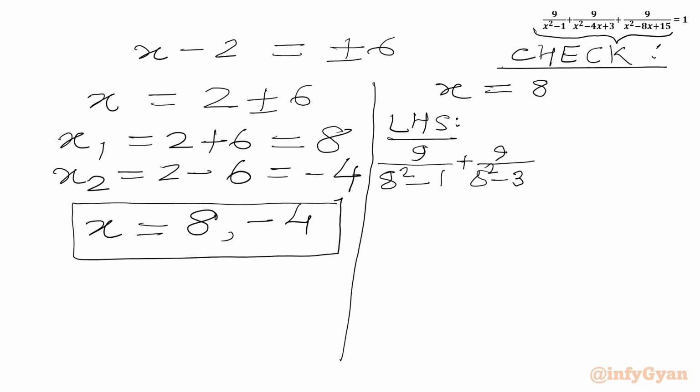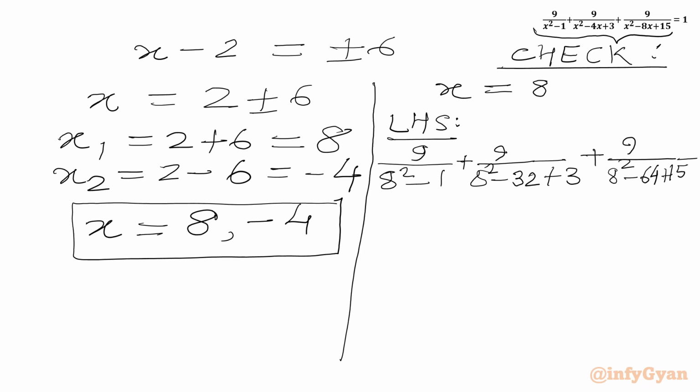I am writing 32 plus 3, plus 9 over x² - 8x, which is 8² - 8 times 8. I am writing minus 64. Then we have plus 15.